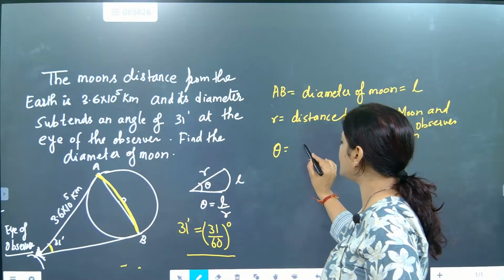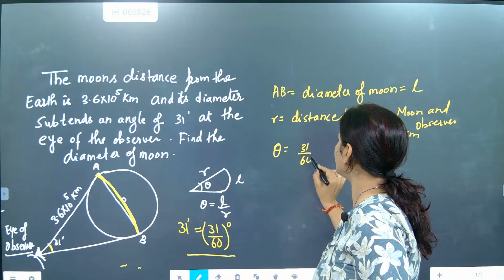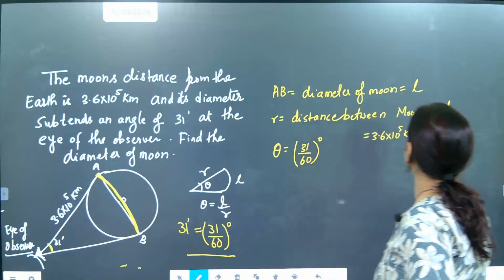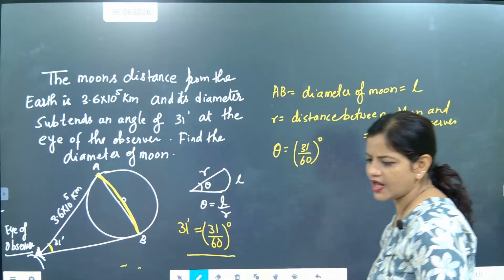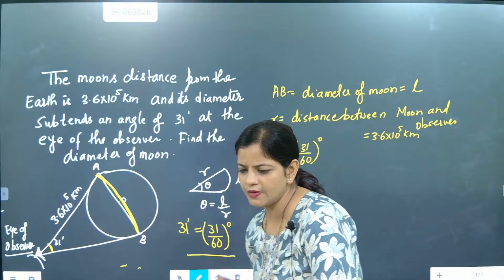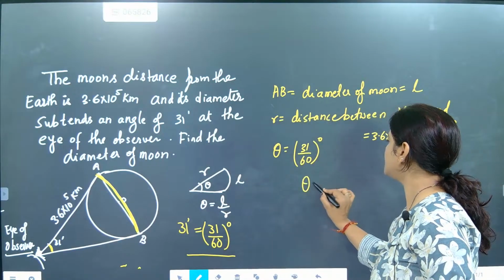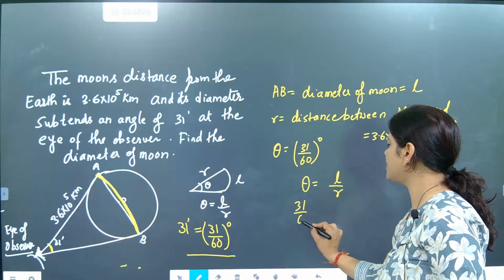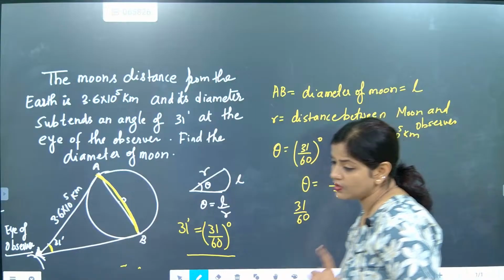And what is the angle theta? Angle is 31 by 60 degrees. Now we have everything. Now theta is equal to L by R we are going to write. Theta is 31 by 60. Now we have to convert.